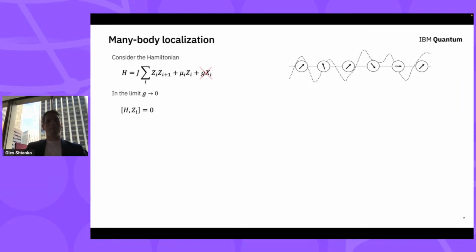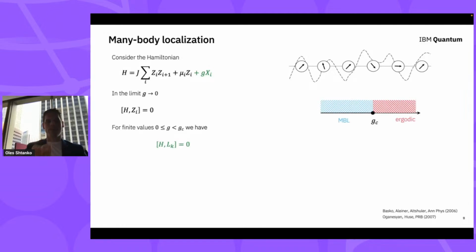So now we ask a question: what happens if we add this field? And here the most interesting thing happens. The current consensus in the community is that it will depend on how large the field G is. If the field G is very strong, your system starts being chaotic.